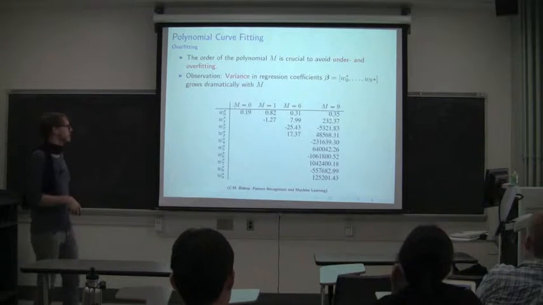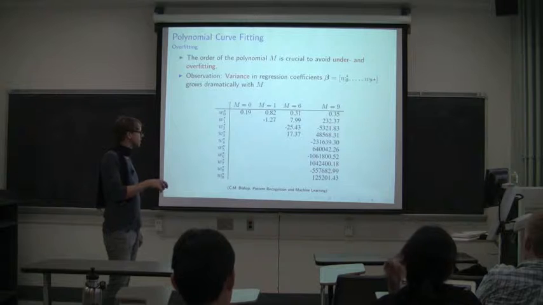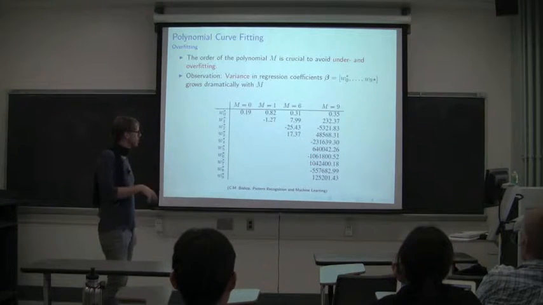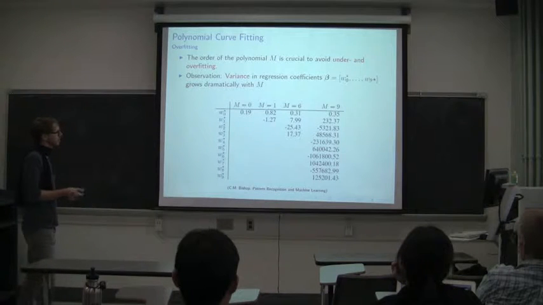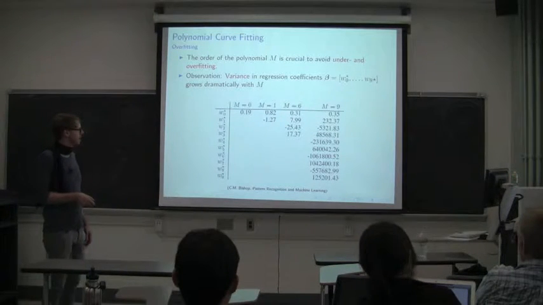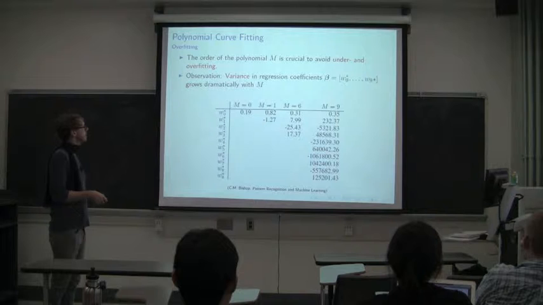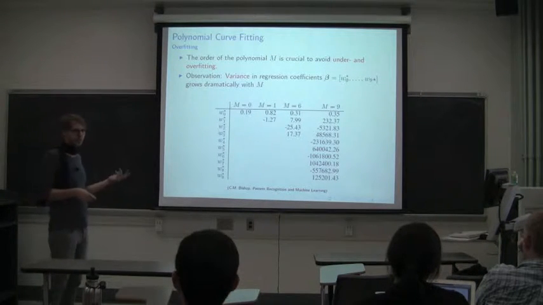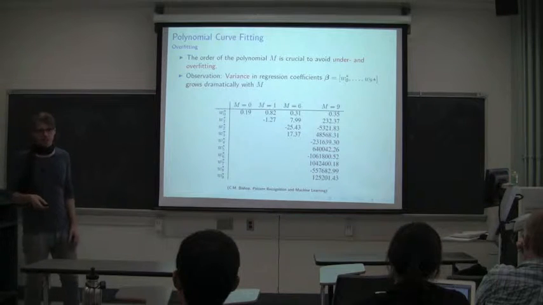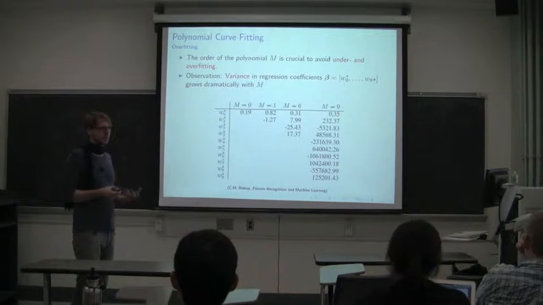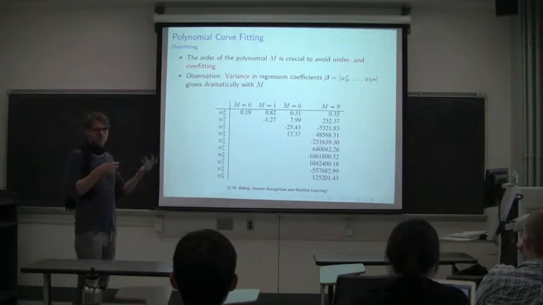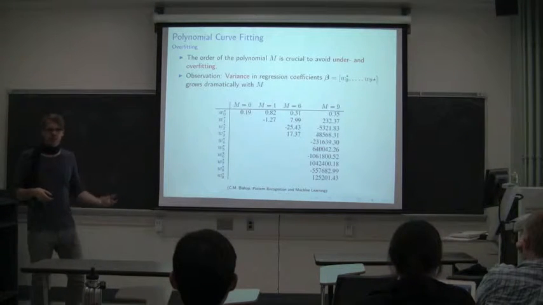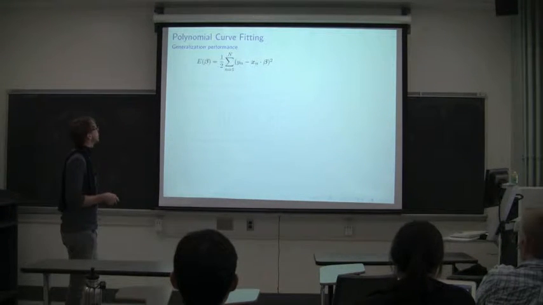We get regression coefficients that are larger than 1 million in absolute value. And the assumption is that if we want to use them, they probably have very bad extrapolation performance, if you want to actually learn the true function.